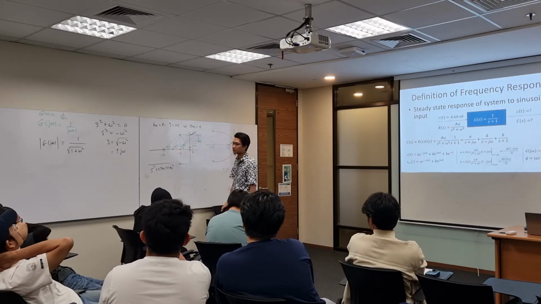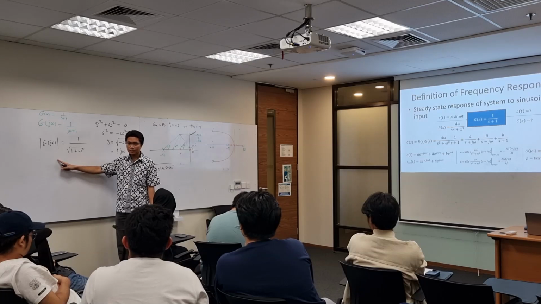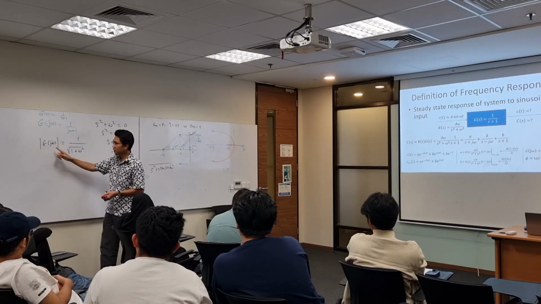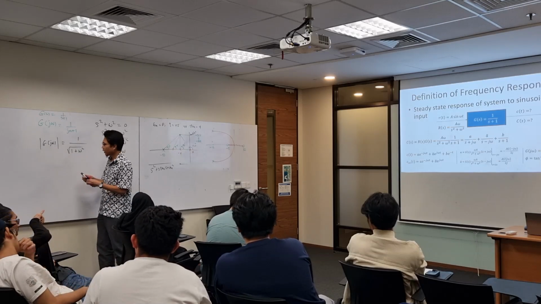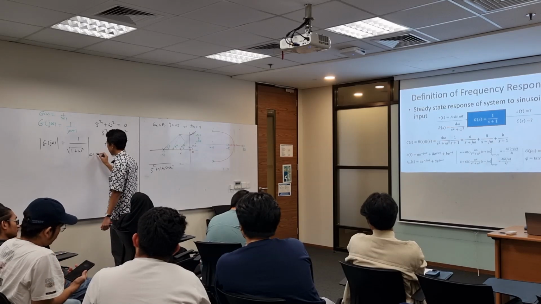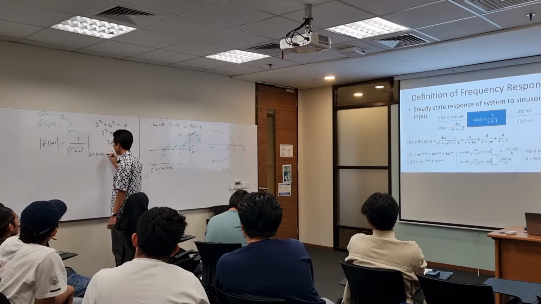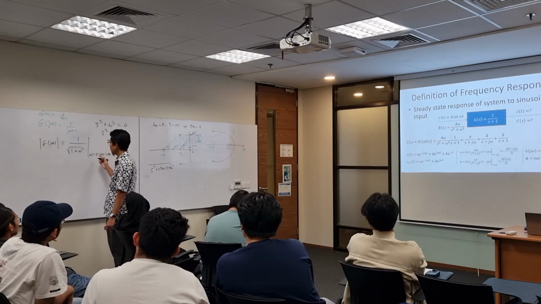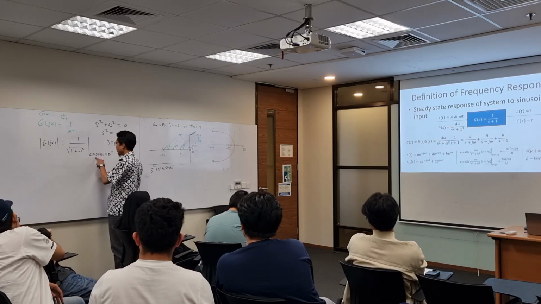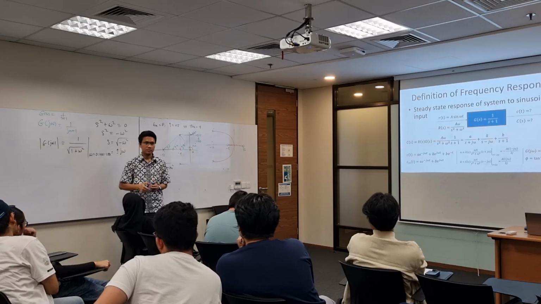It depends on the omega, right? When we are plotting this, you have to insert the omega. Omega is from 0, let's say, up to 100. When omega is 0, what happens with this? Then when omega is 0.01, you plot the magnitude again.